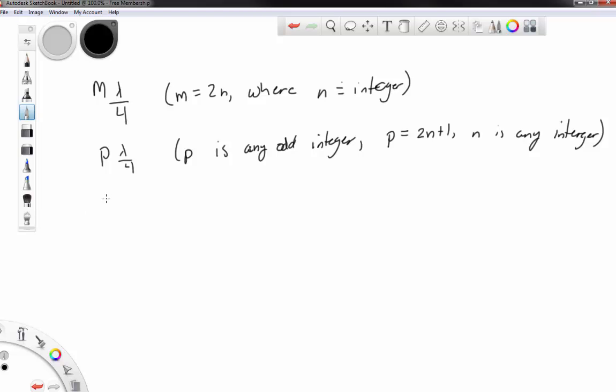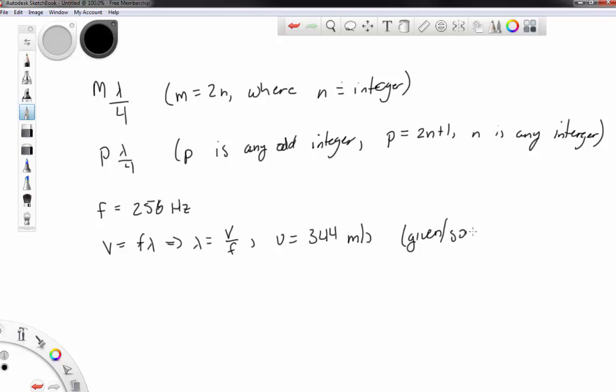So what that means is we're using a 256 Hertz tuning fork. So we've been given that f is 256 Hertz. And we know that v is f times lambda. So that means that lambda must be v over f, where v is 344 meters per second. That's given because it's a sound wave.